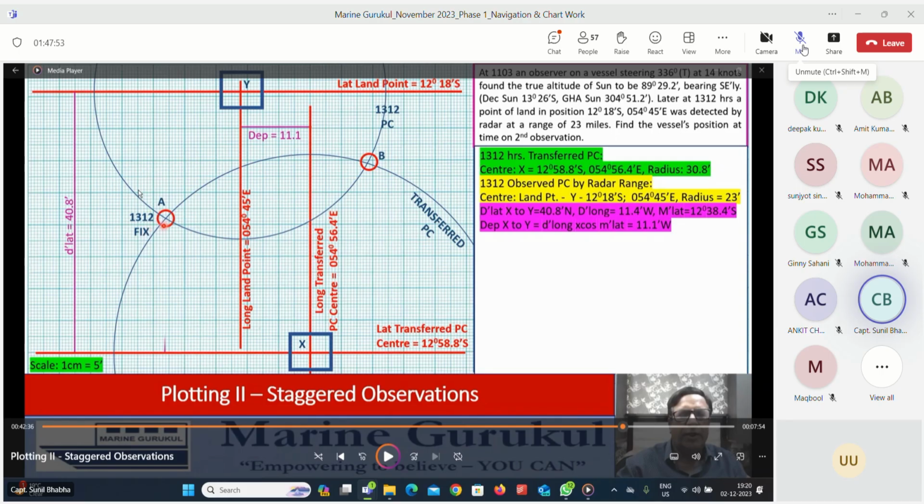So any doubts up to here, beta? Sir, can I explain that position A, sir? Southeasterly how? Okay, beta. Now they have mentioned in the question that the sun is bearing southeasterly.